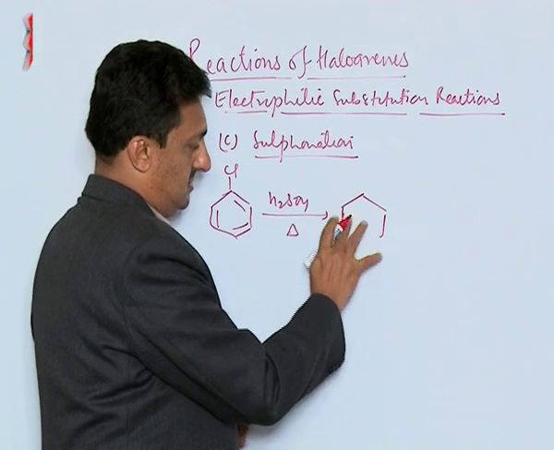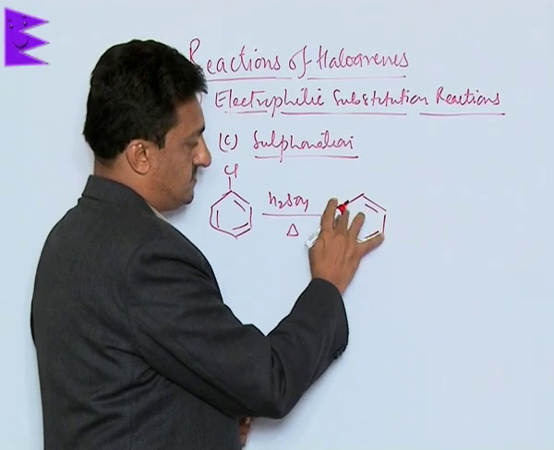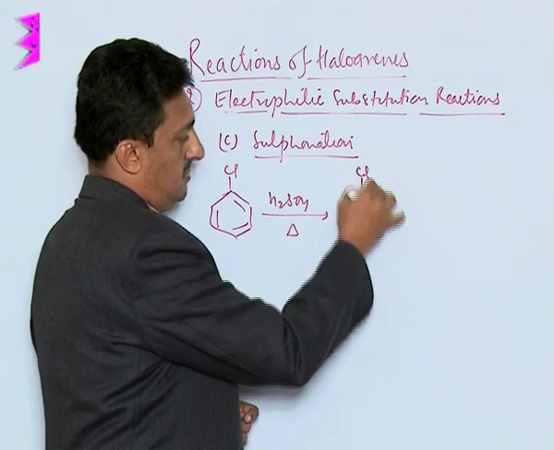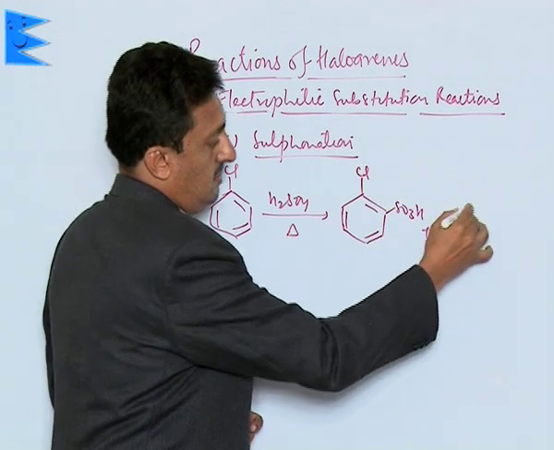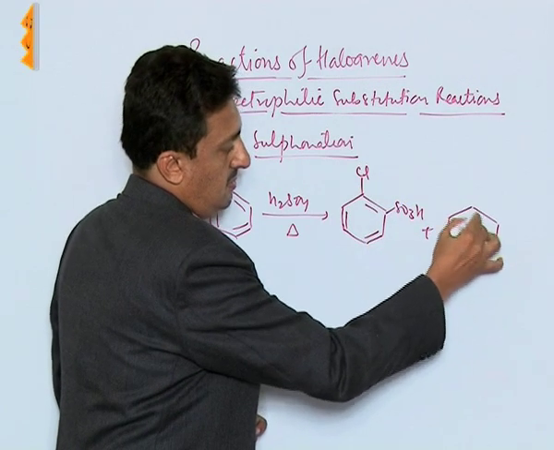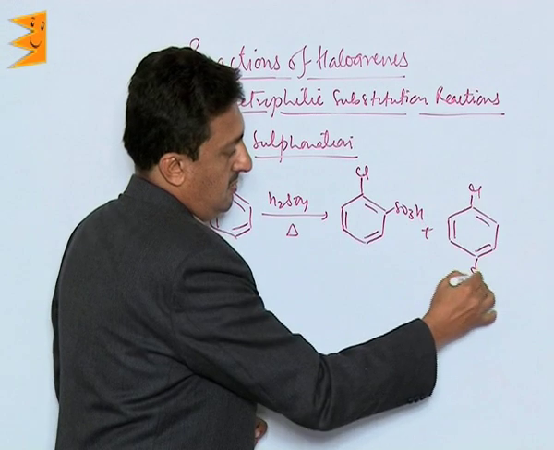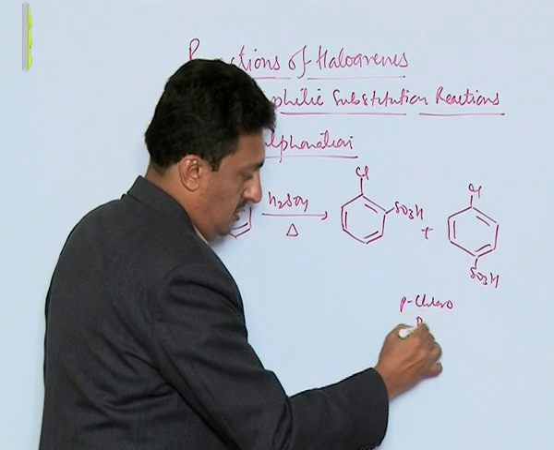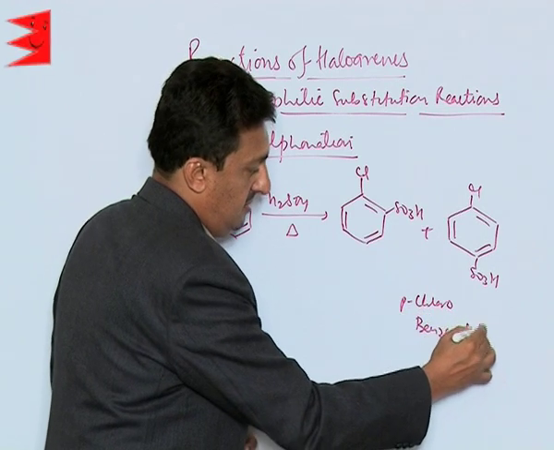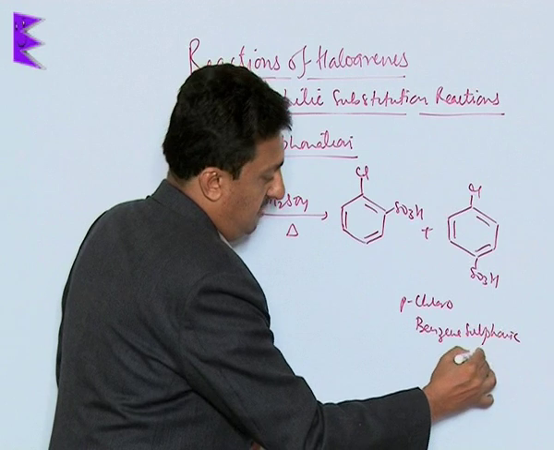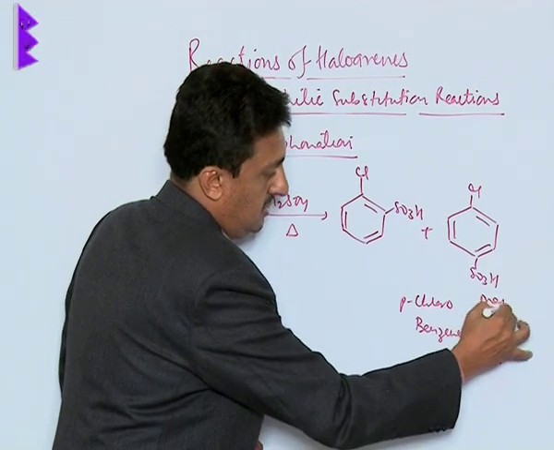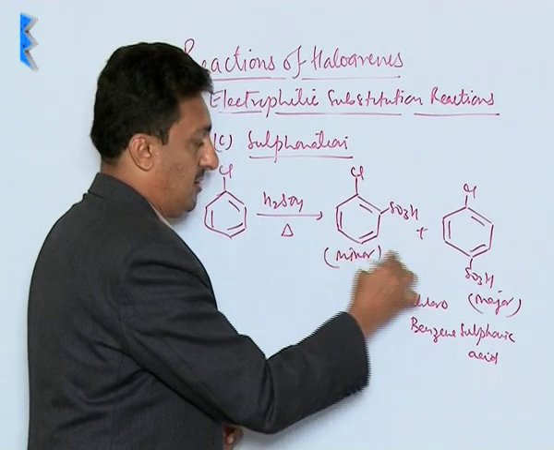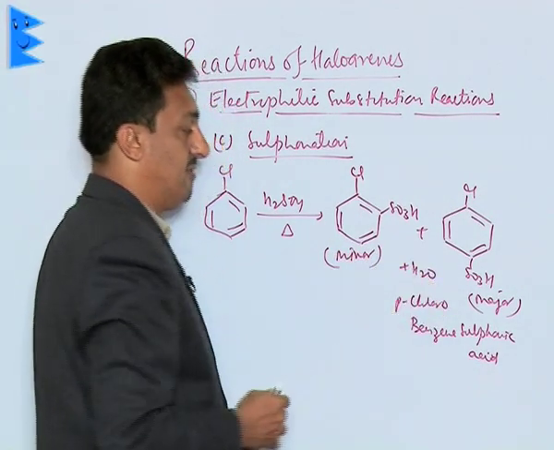What we get is para-chlorobenzene sulfonic acid, the para as the major product and ortho as the minor product along with water.